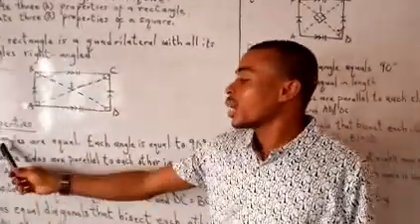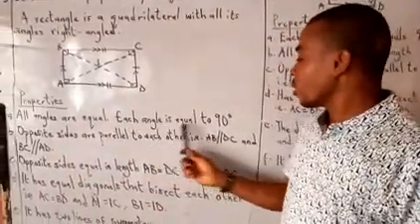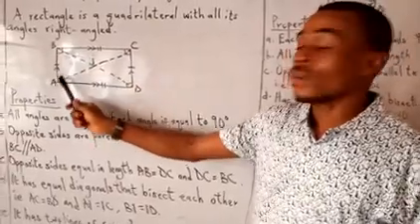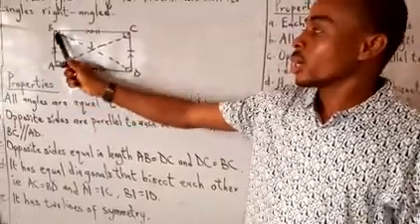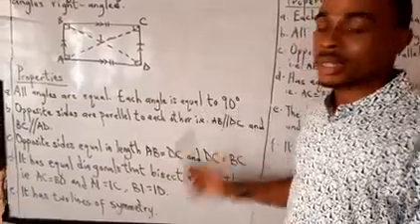One, all angles are equal. Each angle is equal to 90 degrees. It means those angles I pointed out, angle A, angle B, angle C, angle D, each of them is equal to 90 degrees.